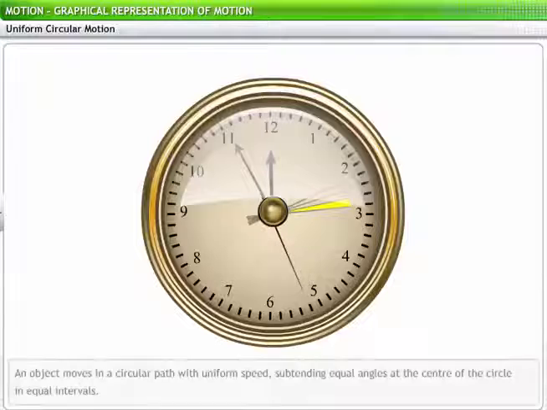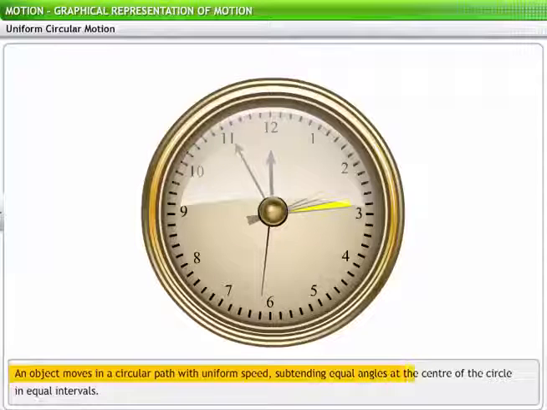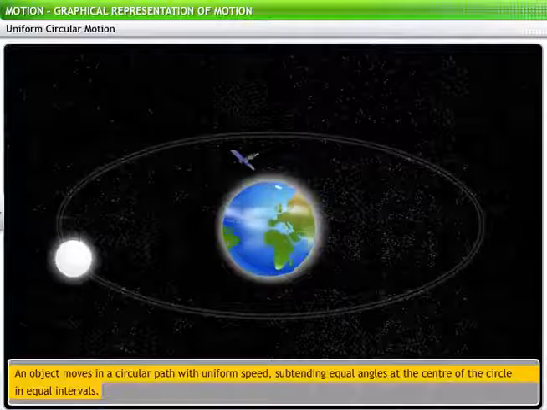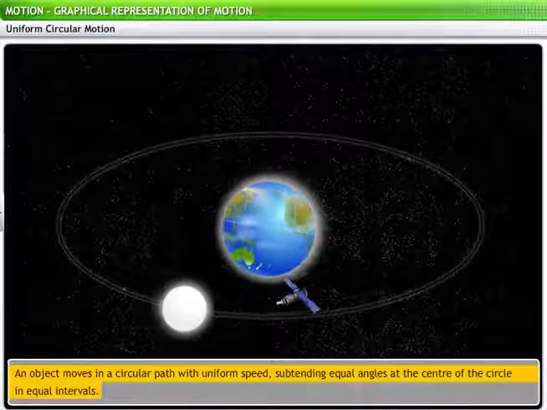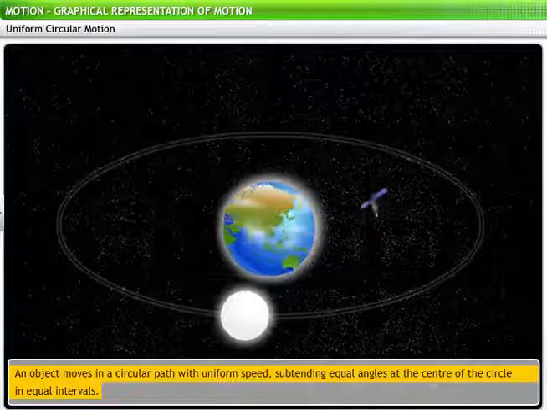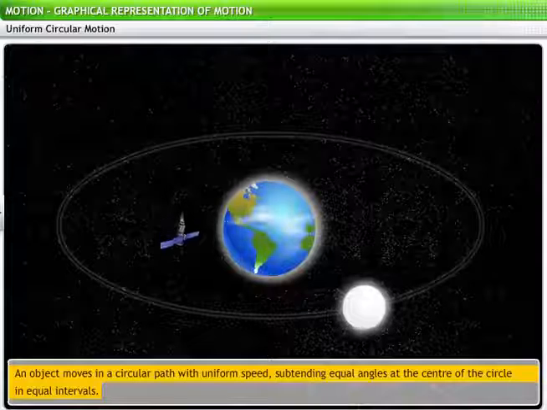Such a motion, when an object moves in a circular path with uniform speed, subtending equal angles at the center of the circle in equal intervals, is called uniform circular motion. Other examples that you can relate to include the rotation of the Moon and the Earth, a satellite in a circular orbit around the Earth, and so on.